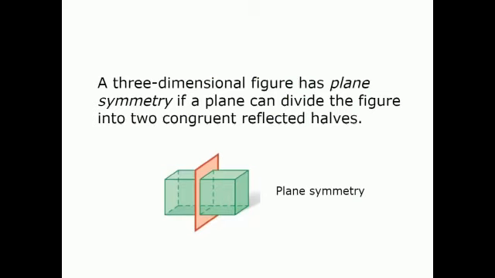We are discussing the plane symmetry for the 3D shapes. 3-dimensional is what we call 3D. A three-dimensional figure has a plane symmetry if a plane can divide the figure into two congruent reflected halves. You can see here the plane is red color, cutting the shape into two equal parts.